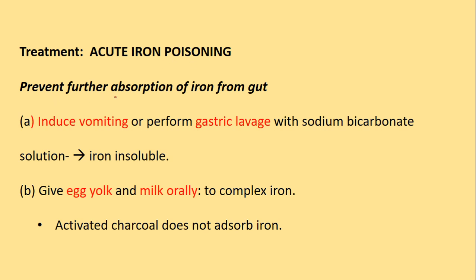You need to prevent further absorption of iron from the gut by inducing vomiting or by giving a gastric lavage with sodium bicarbonate, so you make the iron insoluble. Or you can give egg yolk or milk orally, which will form a complex, thereby preventing absorption. It makes the iron insoluble.